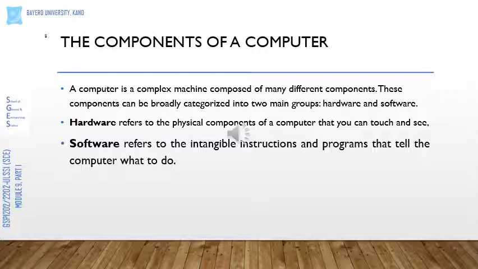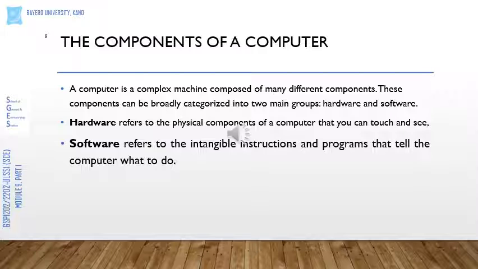The software refers to the intangible instructions and programs that tell the computer what to do. Imagine a computer without software: it is a dumb machine. It doesn't know what to do. Having all the parts there, it is the software that will now tell the computer, this is what you do, this is how you're going to do it.